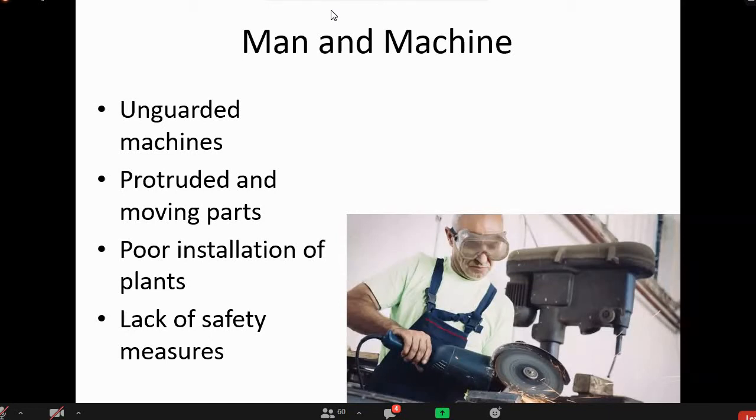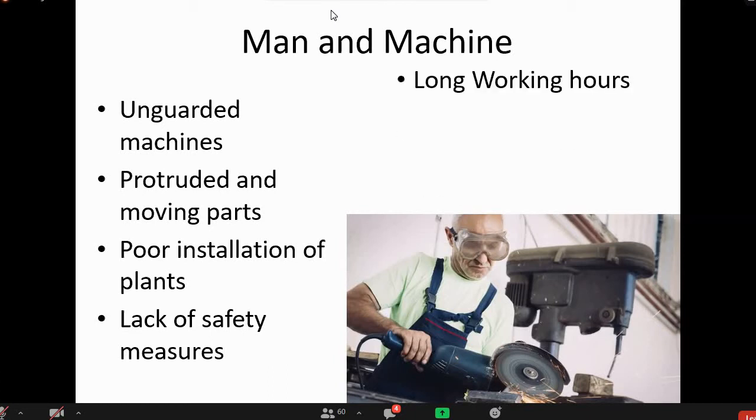The right type of goggles are not being used, or the hat is not being used, or the apron is not being used, right? For example, if we are talking about radiology, the radiologists have to be using the right type of lead gowns so that they are protected against the radioactive waves, right? So that's also important.